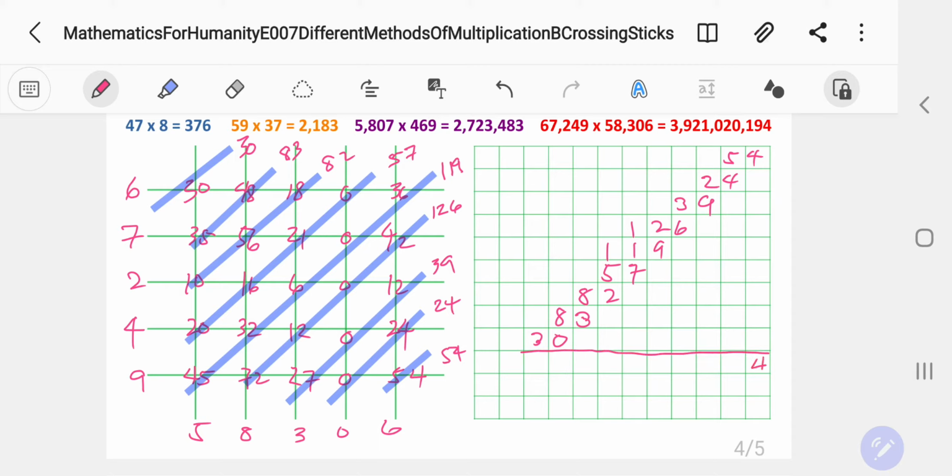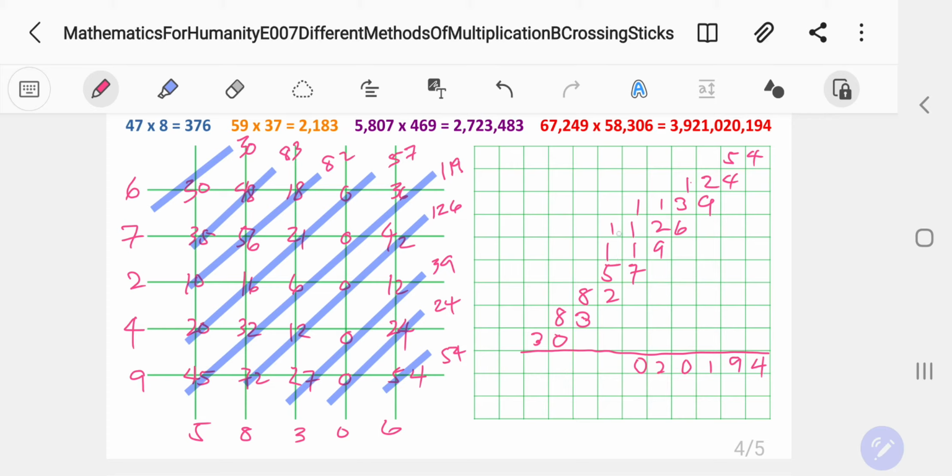Okay, let's bring down 4. 5 plus 4 would be 9. 2 plus 9 would be 11, and then carry 1 here would be 0, because the 1 plus 3 plus 6 would be 10. You have to carry 1 here again, and this is 12, and carry 1 here. 1 plus 1 plus 1 plus 7 would be 10.